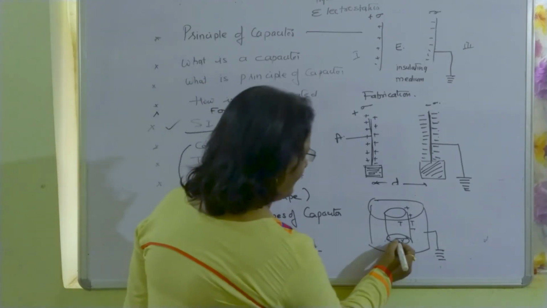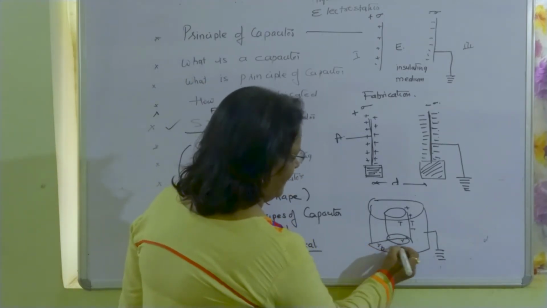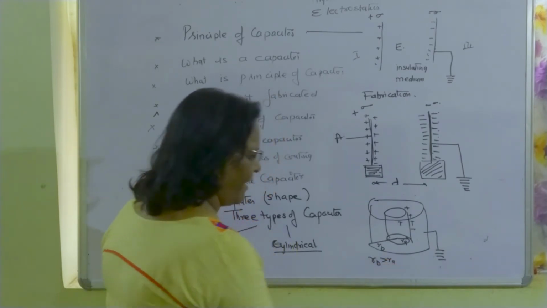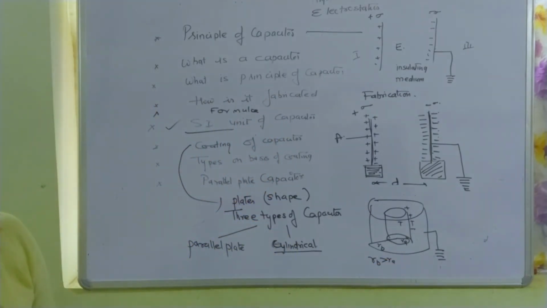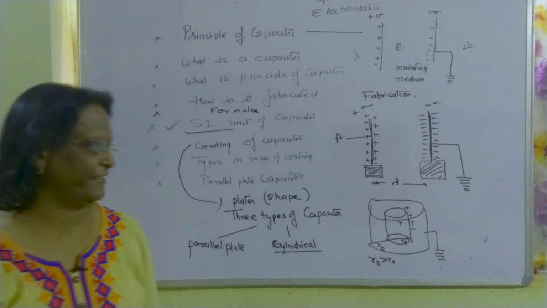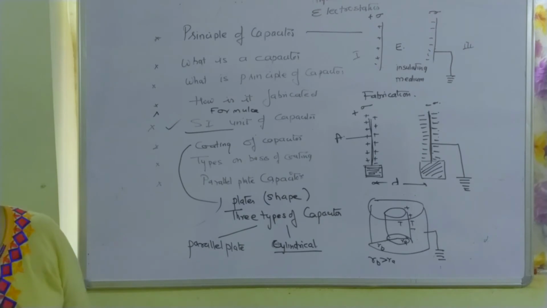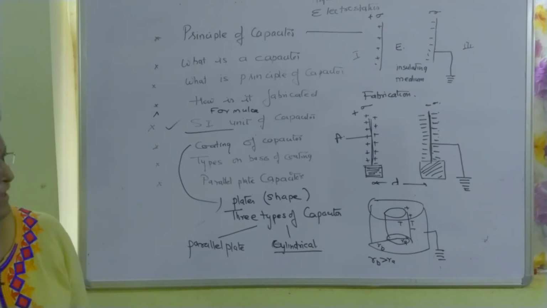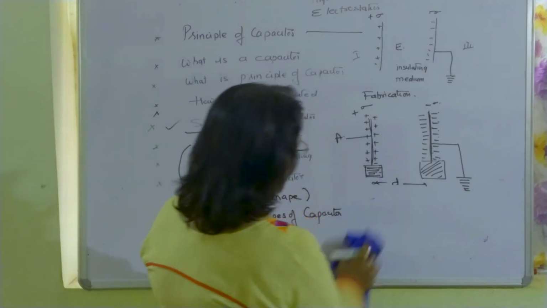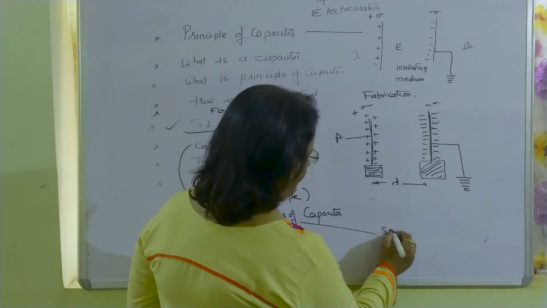It has radius RB, the inner has RA, such that RB is greater than RA. Of the two cylindrical plates, the inner one we supply the charges, the outer one we connect to earth. This type of capacitor is called cylindrical.